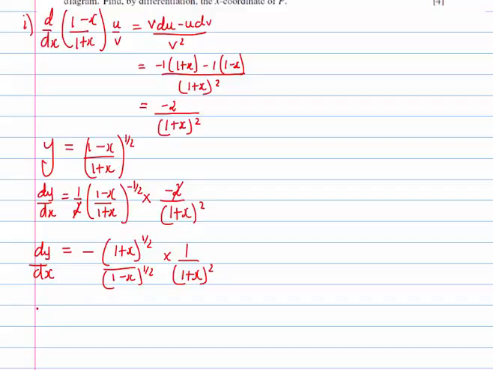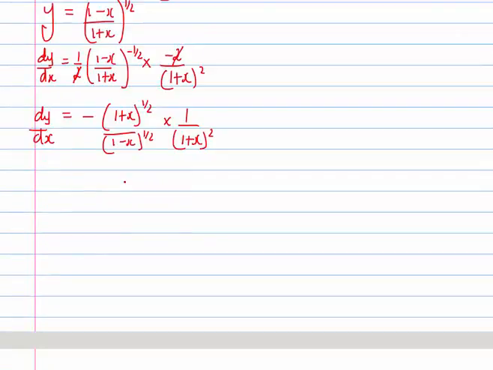Now, what we are specifically required to find is the gradient of the normal. But the gradient of the normal, remember, is the negative reciprocal of this whole function here. So what will be the negative reciprocal of this? This will be 1 plus x all squared times 1 minus x to the power of a half, divided by 1 plus x to the power of a half.